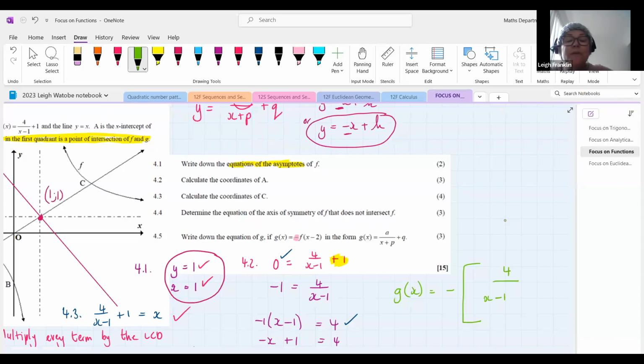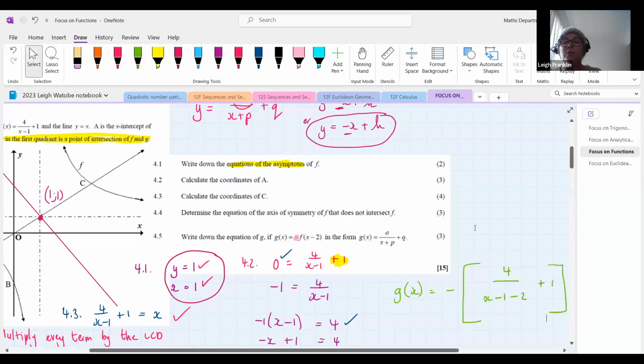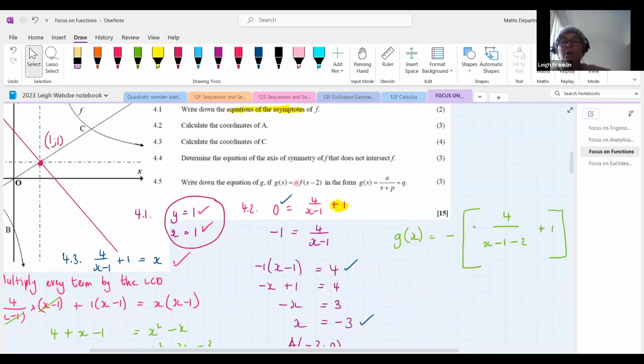And now this is an instruction to shift my graph to the right-hand side. They want us to subtract 2, so we're going to subtract 2 over here. In other words, we would be moving the graph 2 units to the right-hand side. So that's what I would end up doing.